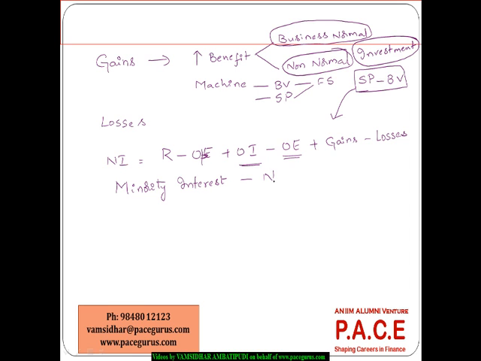Sometimes it's also called non-controlling interest, especially if a particular firm has acquired another firm. Let's say A has acquired B, but not 100% of B. Let's say 80% of B has been acquired.